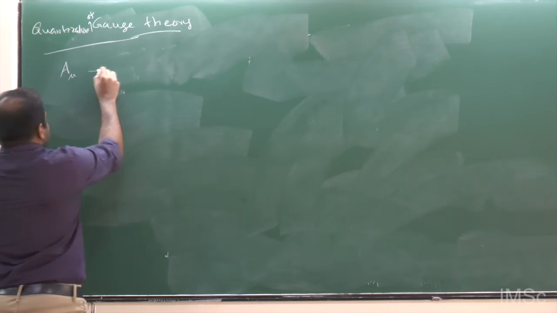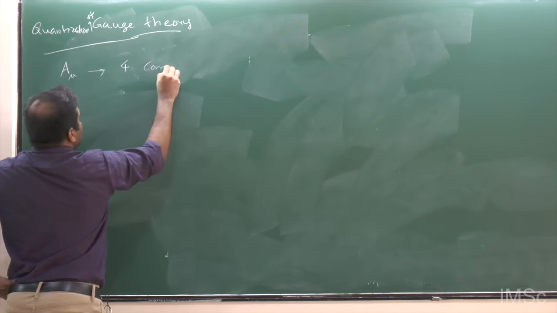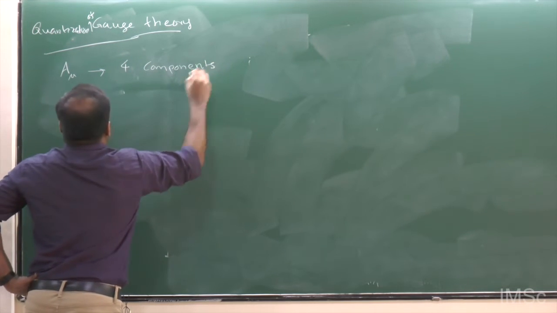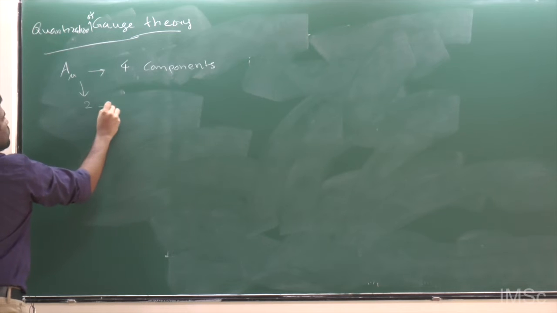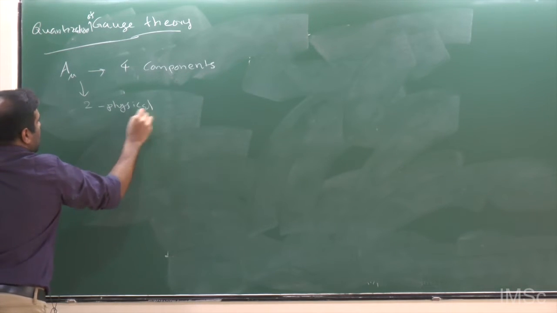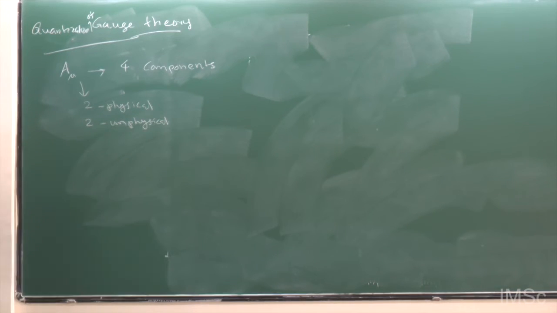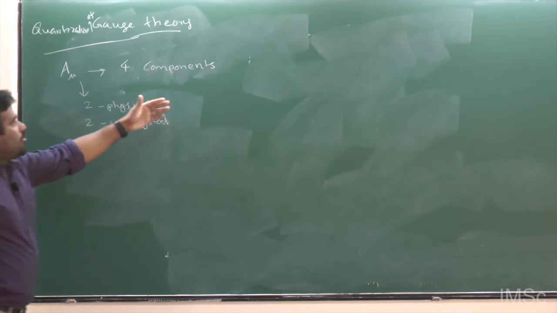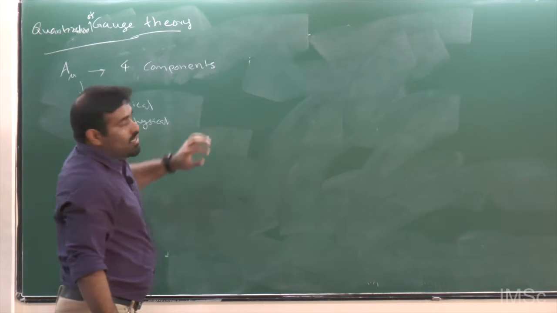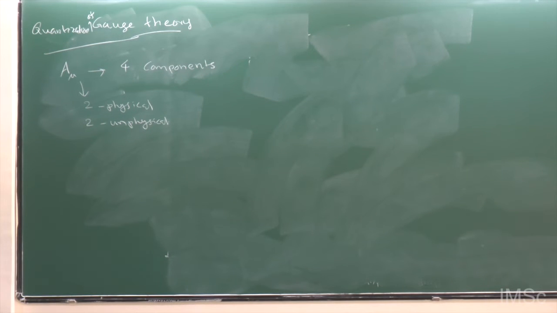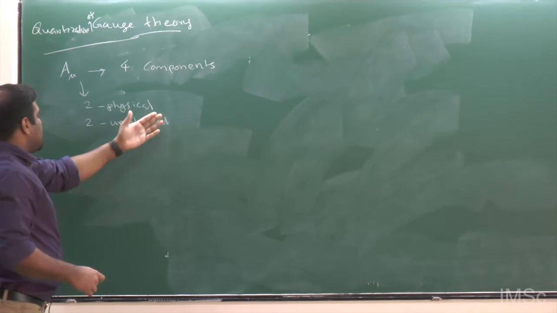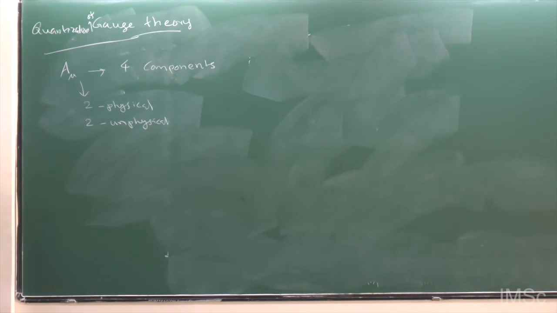So this vector potential has 4 components, and we know that only 2 of them are physical and 2 are unphysical. We still keep these 2 unphysical degrees of freedom to explicitly show the Lorentz invariance of the theory, or you want the manifest covariance. So when you have unphysical states, and if you try to quantize the theory, you get states that have negative norms or non-positive norms.